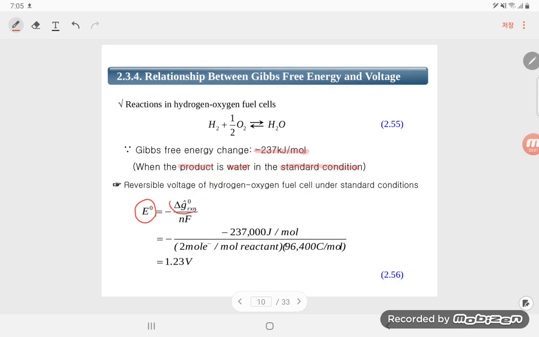If you insert this value in here, and the unit is joule per mole, and n is, as I said, 2, and F is the Faraday constant, then we can get this one. 1.23 volt is the maximum voltage we can get from this reaction.